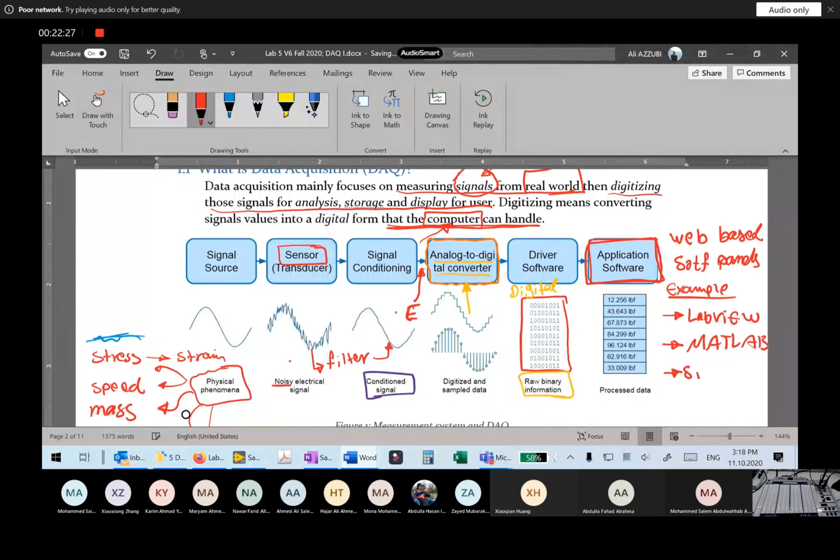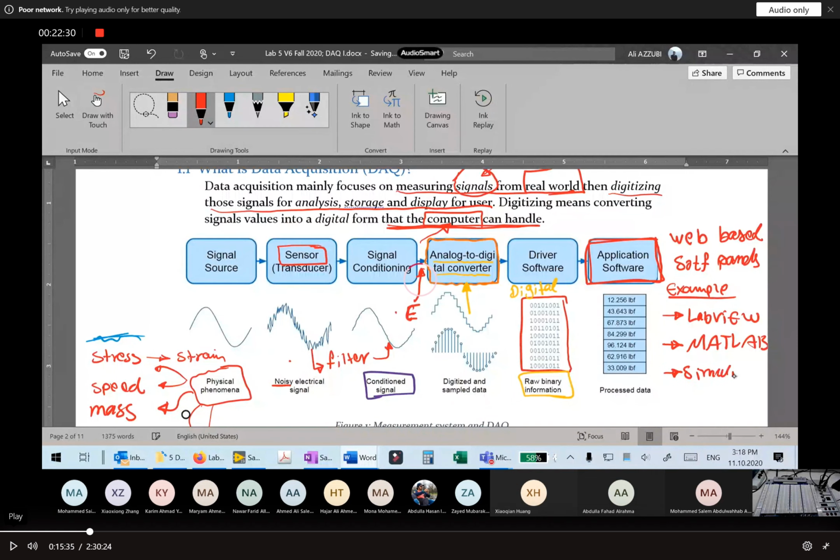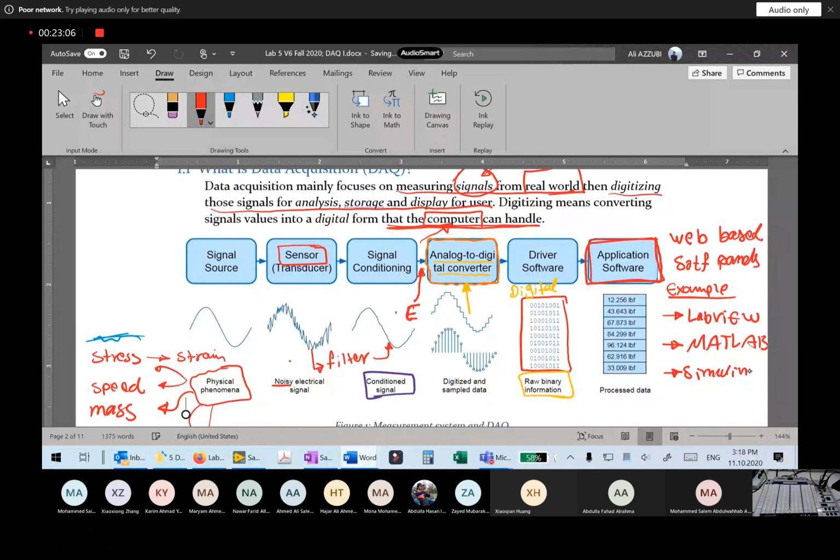You can use Simulink as well. So you have a lot of software.